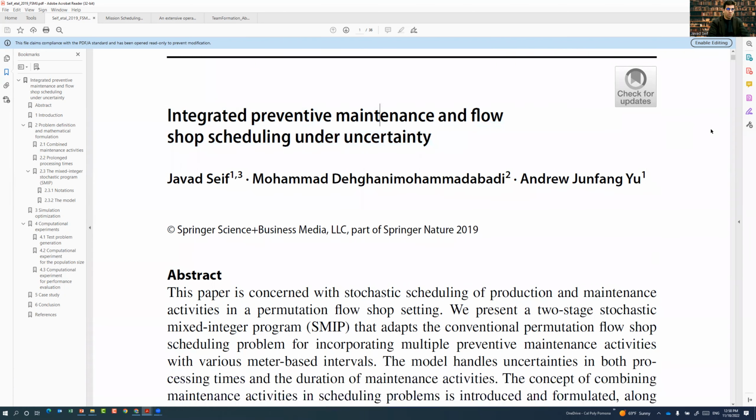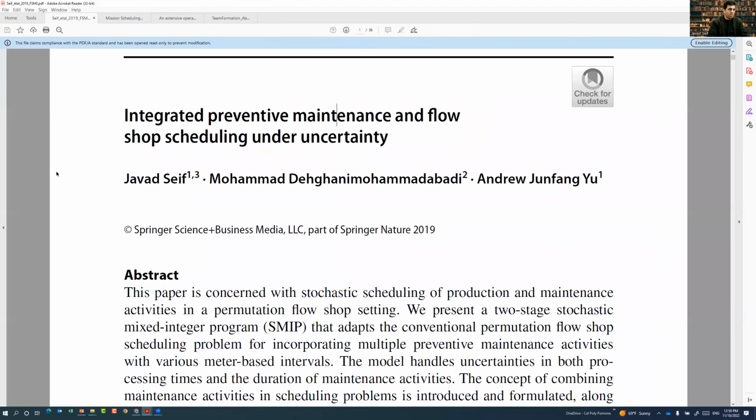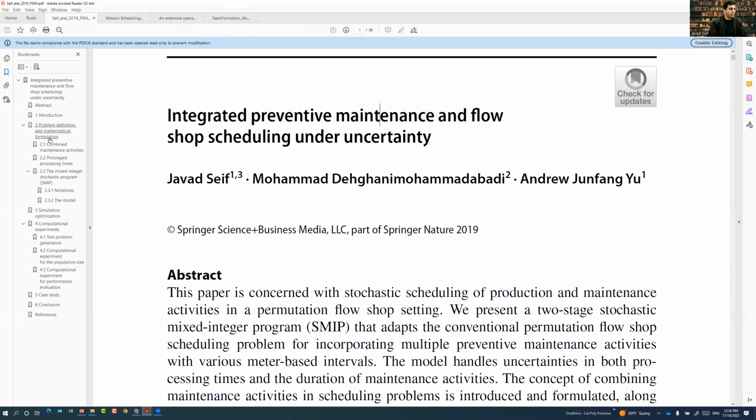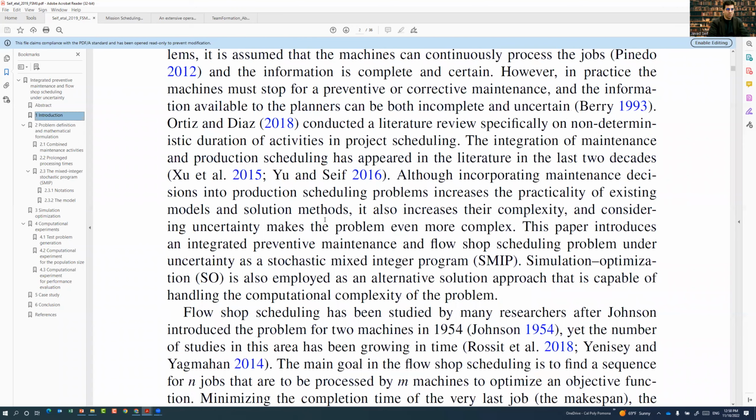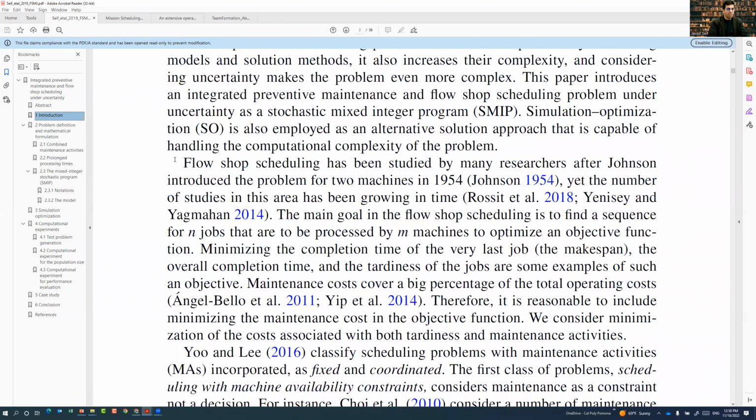Anyways, what I want to show you here is the introduction part, where I'm talking about the problem itself. Here I'm giving a background of flow shop scheduling. Flow shop scheduling has been studied by many researchers after Johnson introduced it in 1954. And then I talked about how it has evolved, key points in time where other researchers have helped the field evolve or change or have introduced new topics to it.